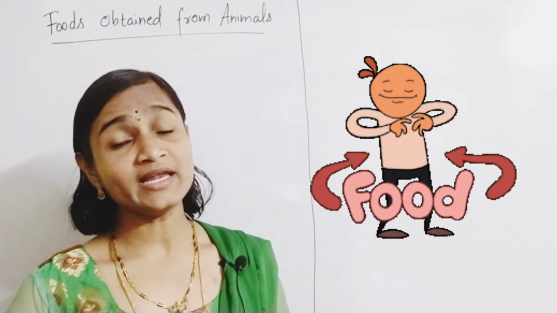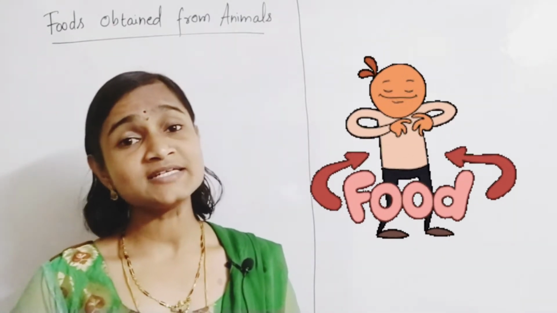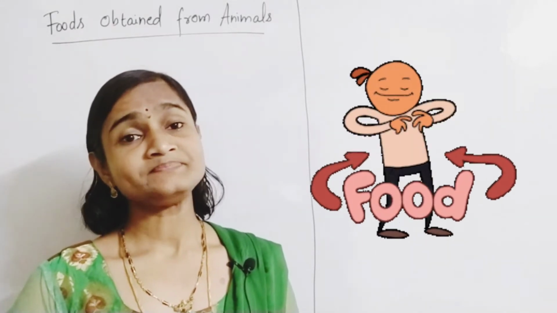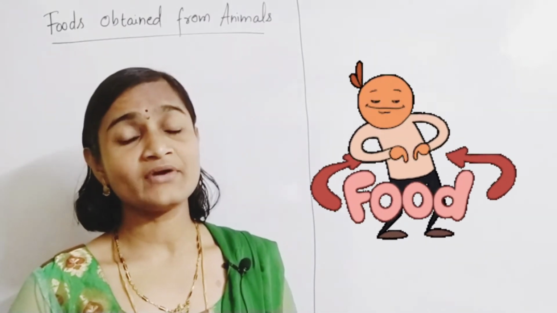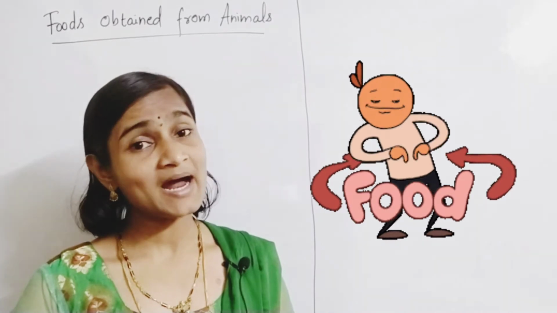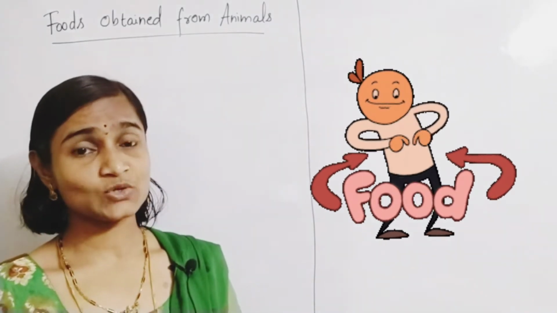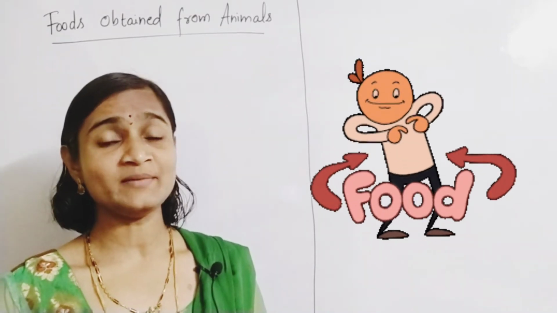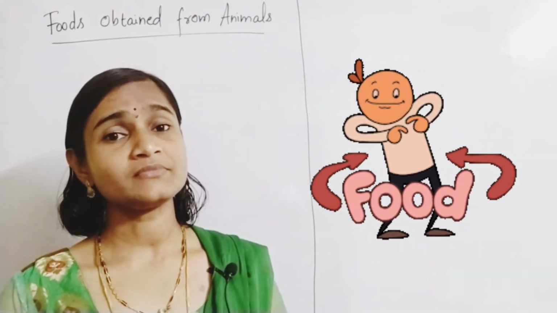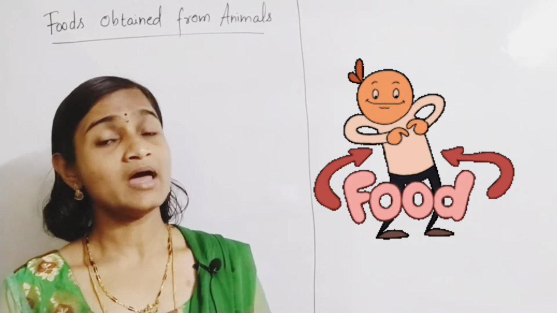We have already learnt about the plant sources of food, which means sources of food coming from plants, and the edible parts of different plants also we have learnt. In this video we are going to learn about different foods that are obtained from animals.